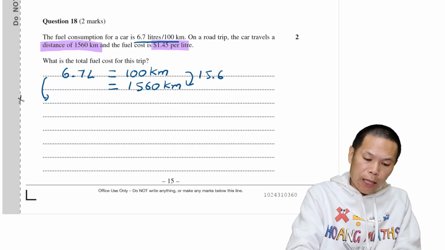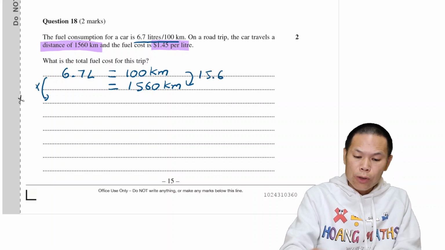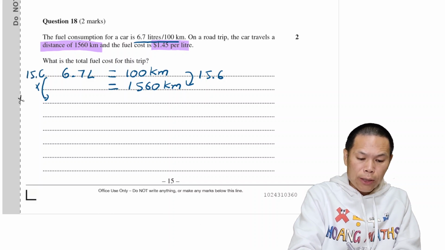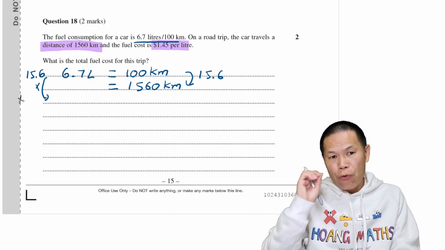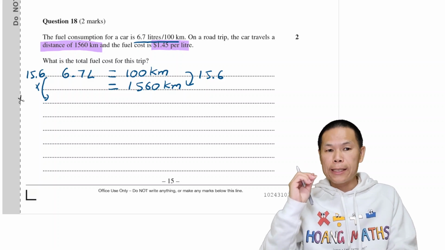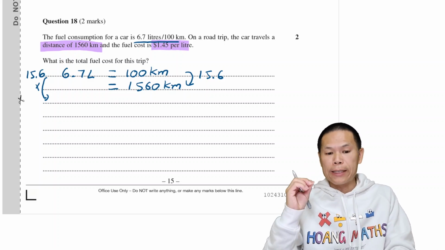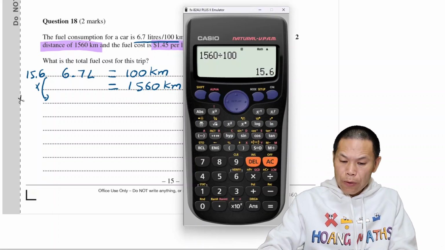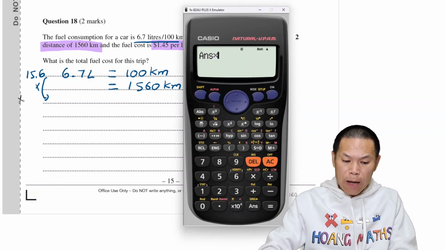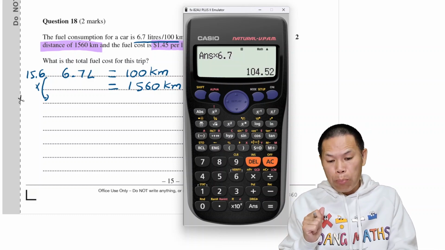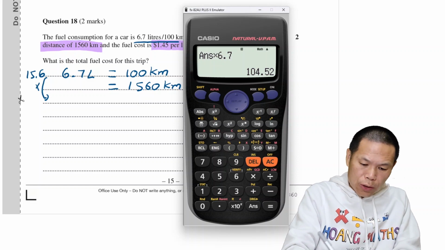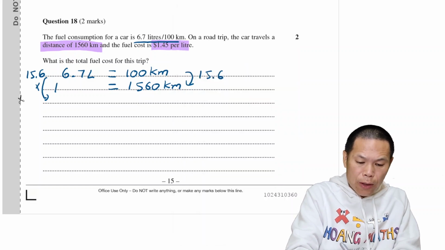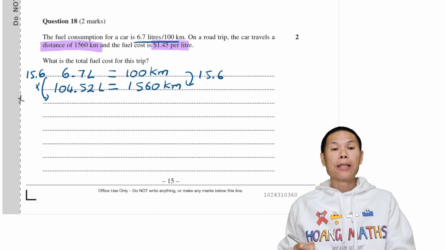Whatever we do on the right hand side, we need to do exactly the same thing on the left hand side, so we times 15.6. Answer times 6.7 gives 104.52, so 104.52 liters is required.